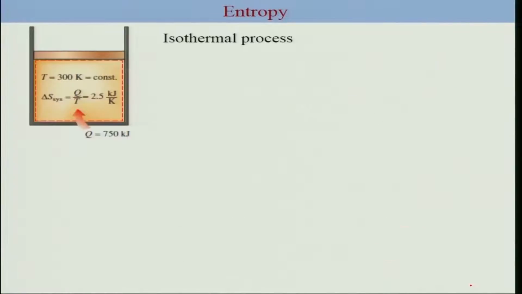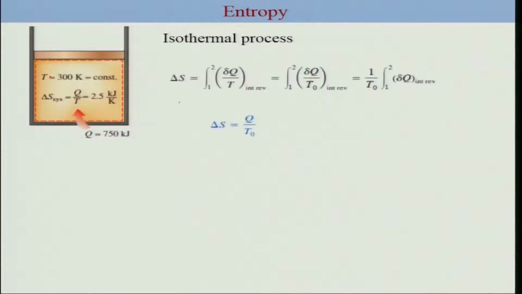Now let's specifically consider an isothermal process. Consider this as a system, such that heat is being supplied and the temperature is kept constant. This delta S can be written as the integral from 1 to 2 of del Q by T for the internally reversible case.